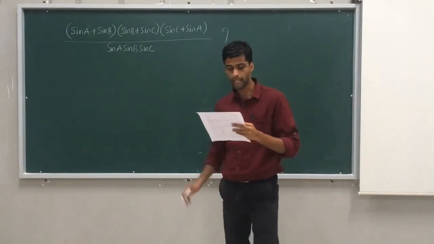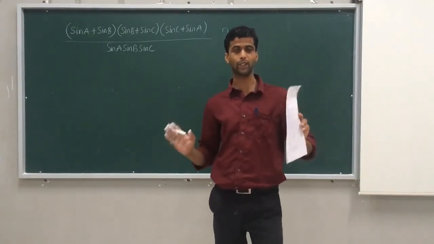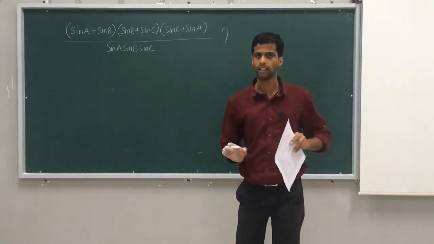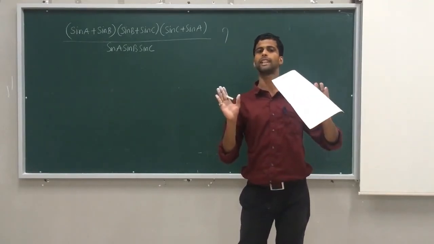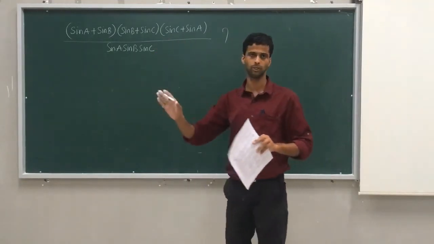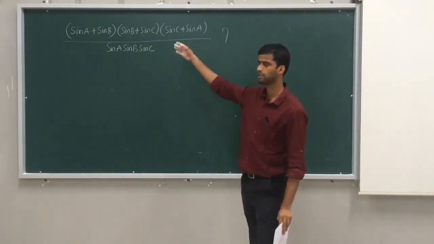See, they told A, B, C are acute positive angles. Acute angle means any angle between 0 and 90 is called an acute angle. Acute angle means they are in the first quadrant. First quadrant means sine is positive. All are positive, but my point is sine.